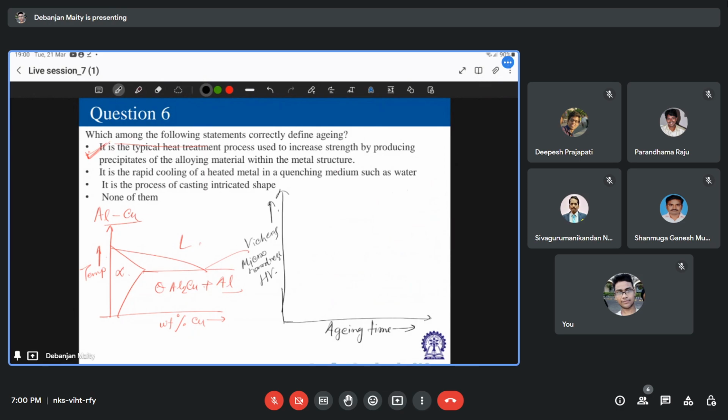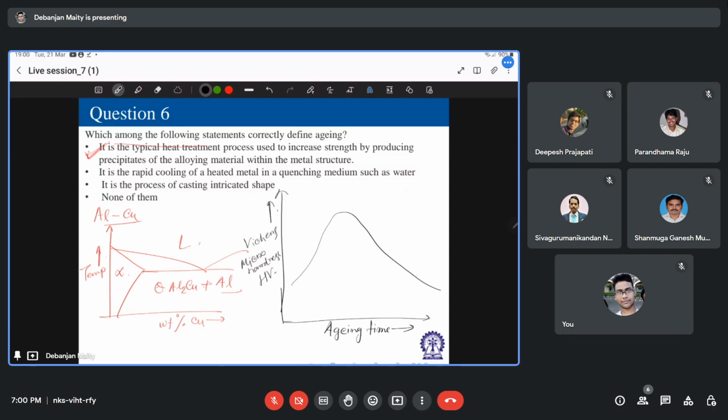Okay, and this will be something like this. Here you'll have the GP region, and somewhere here there will be theta double dash precipitates, and you finally form this theta Al2Cu.